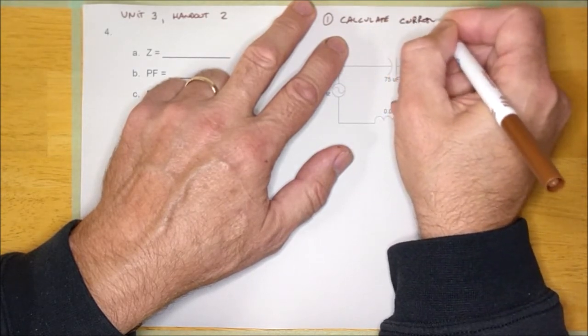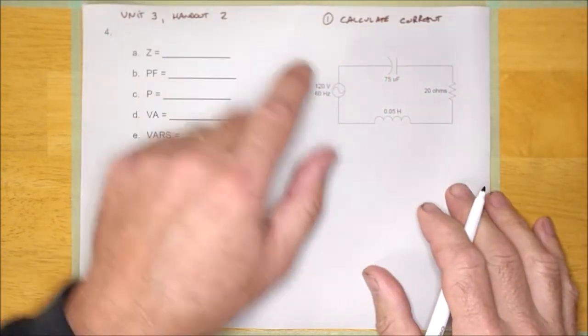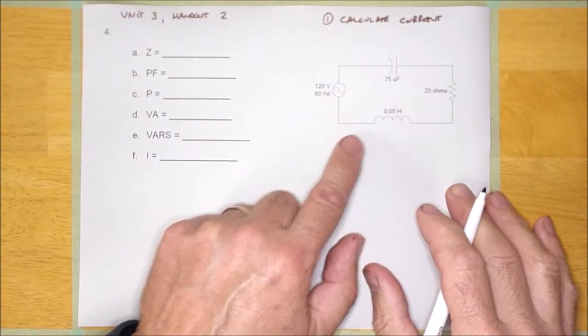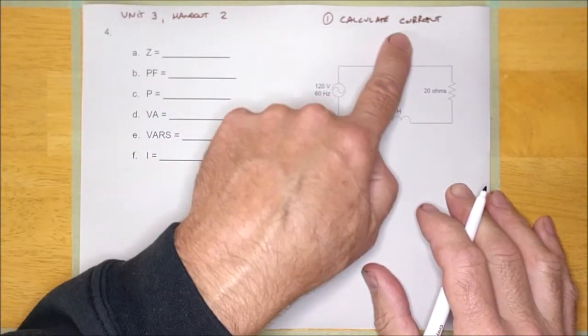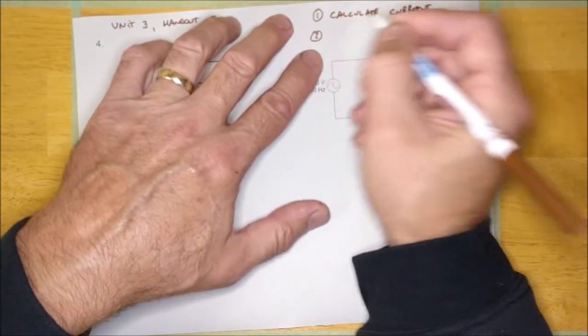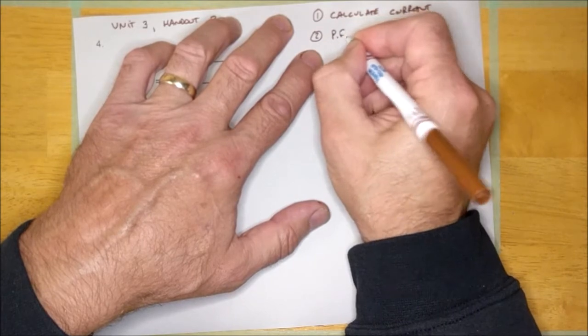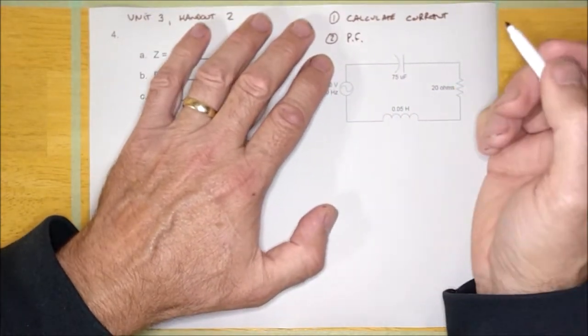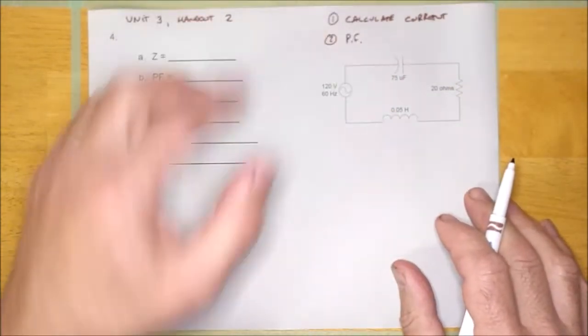And I don't care what the circuit looks like, okay? Whenever I'm approaching a power kind of a question, I try to figure out the current in the circuit. And the second thing I do is I calculate the power factor. And you're going to see why I do it that way in a second.